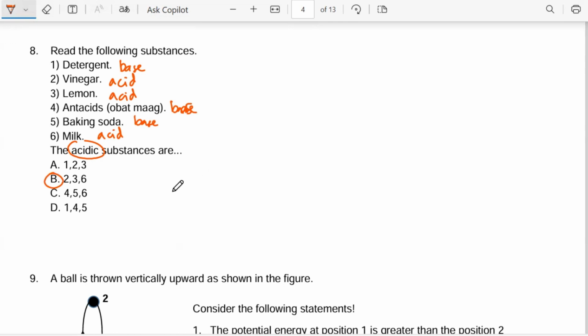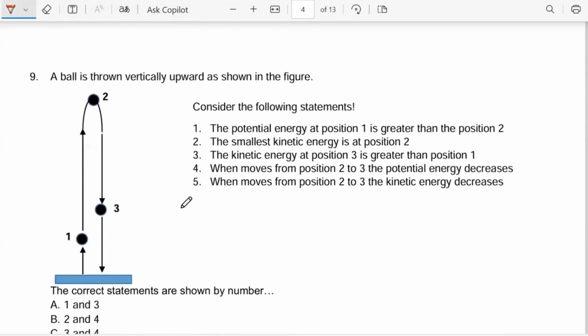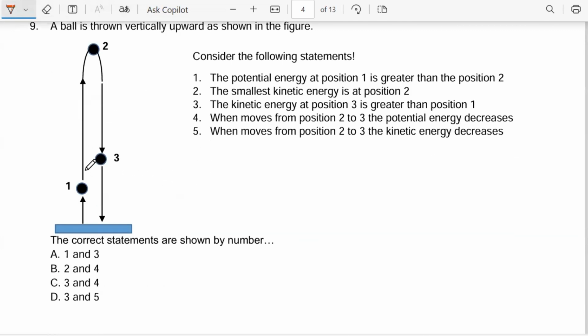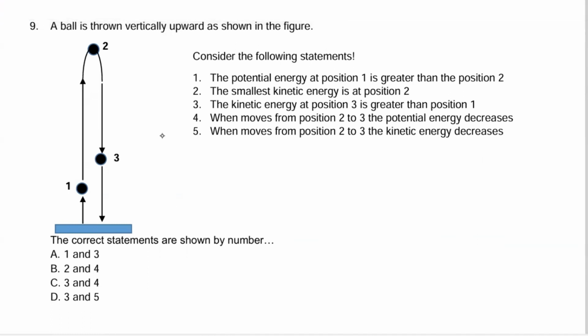Okay, question number 8 done. Now, question number 9. You are given a picture of a ball that is thrown vertically, right? And then you are given several statements, and you need to find out among all of those statements which one is the correct one.